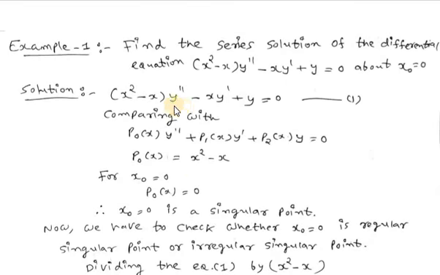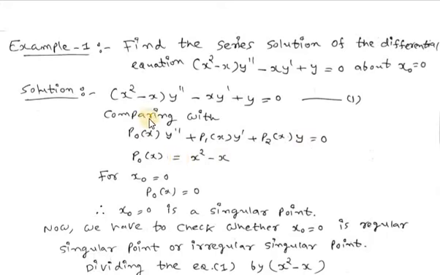Now we will see one example related to case 3, that is example number 1. We have to find the series solution of the given differential equation about x0 equals 0. First of all, we will call this equation number 1, and compare it with the standard form p0(x)y'' plus p1(x)y' plus p2(x)y equals 0.